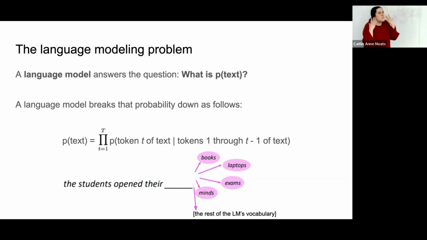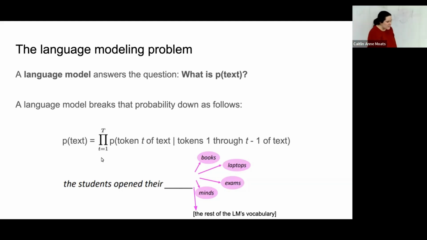So how does a language model break that down? Well, a language model actually breaks that down in a fairly simple way. A language model decomposes, and I promise this is the most probability I'll go into in this talk, this probability of text into the product of some other probabilities, namely the product of the individual word probabilities given all of the words that have come before them.